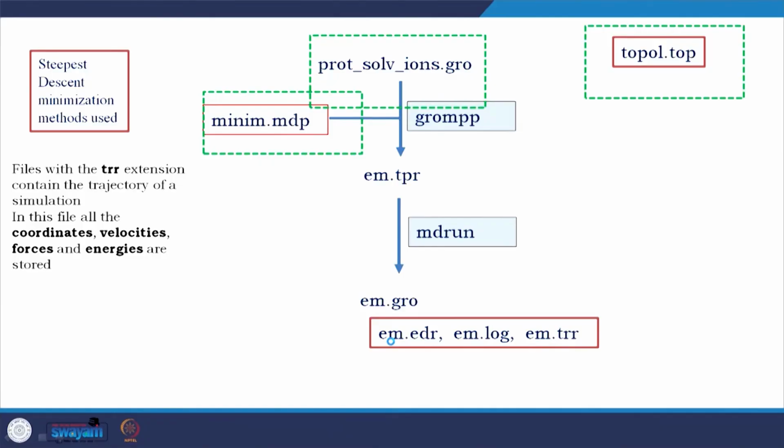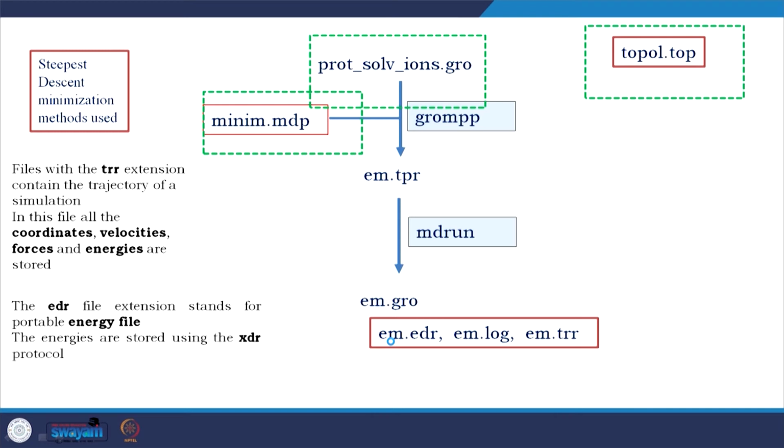So, it creates a trajectory. In this file, all the coordinates, velocities, forces and energies are stored. What is .edr? The EDR file extension stands for portable energy file. So, it would record the energy change. The energies are stored using the XDR protocol.